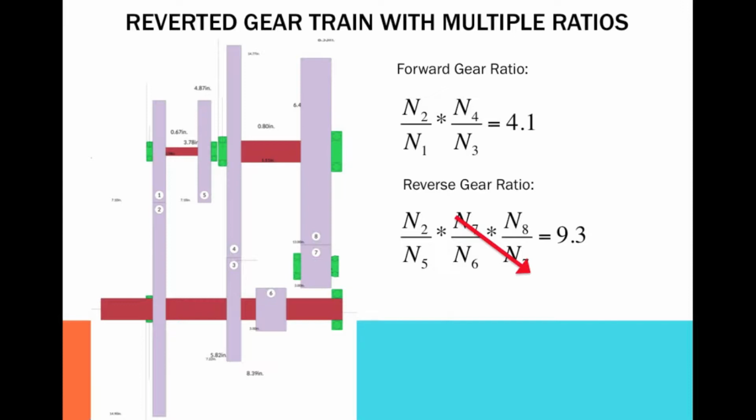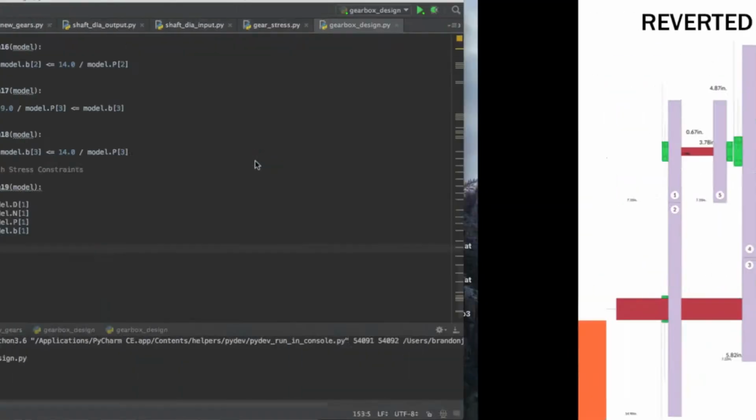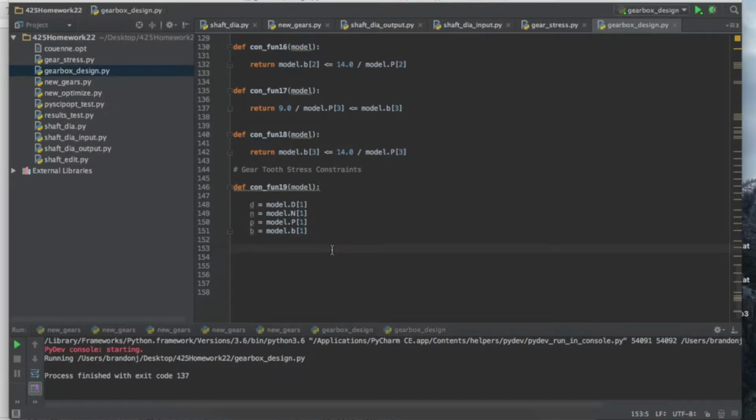So since we're starting with gear 1, the gear ratio is 1, because the torque is not changing on the shaft from the input torque. So let's go ahead and put the ratio equal to 1.0 for this gear, which is gear 1 here.